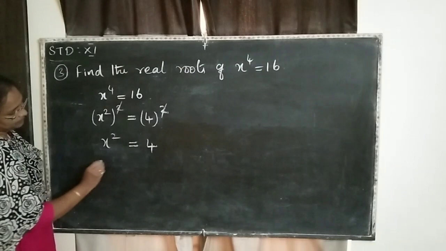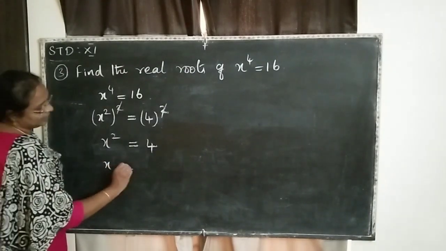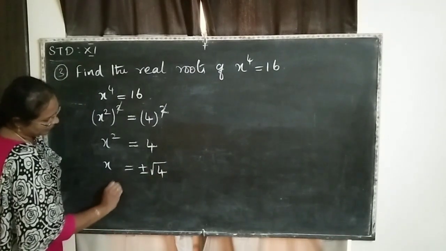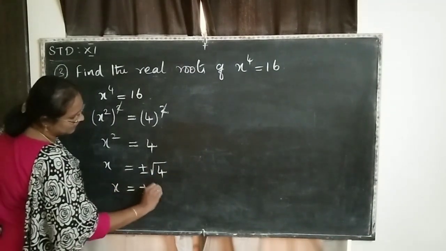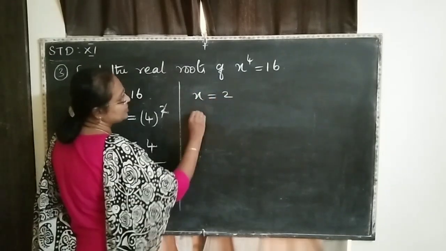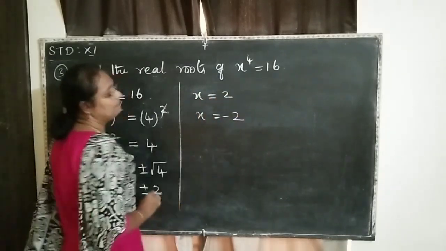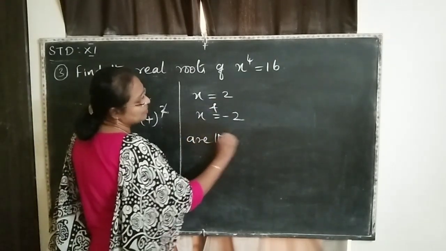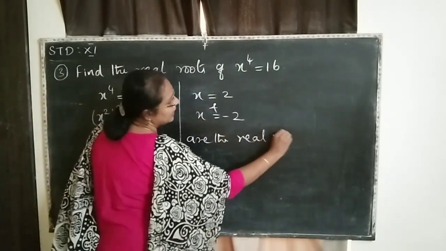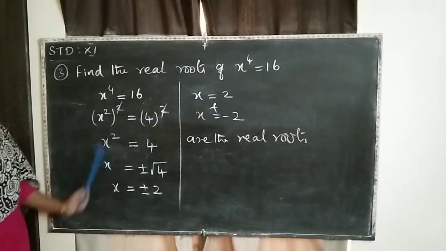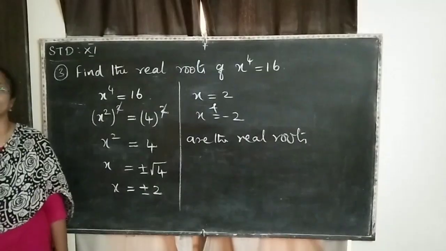I get x is equal to, as usual, plus or minus square root of 4. So x is equal to plus or minus 2. So now the values are x is plus 2 and x is minus 2. These two are the real roots of the given question. Is it clear for you? Very simple sum, but do it properly.